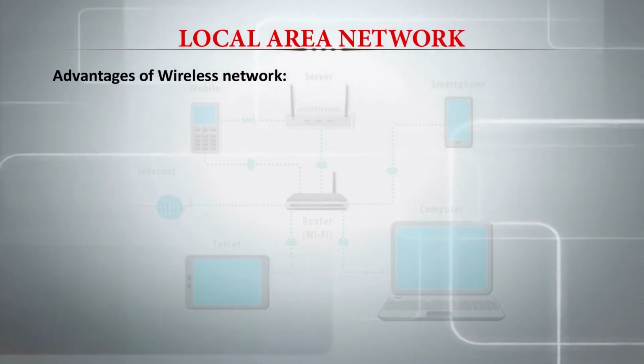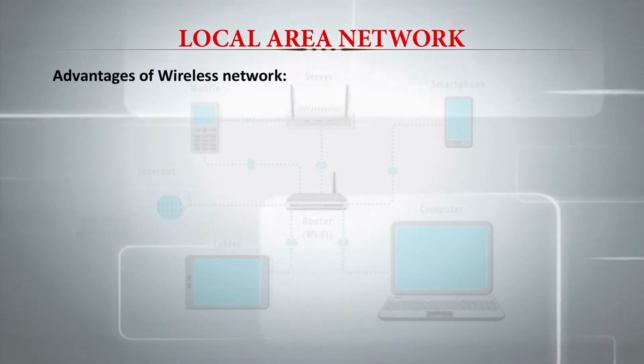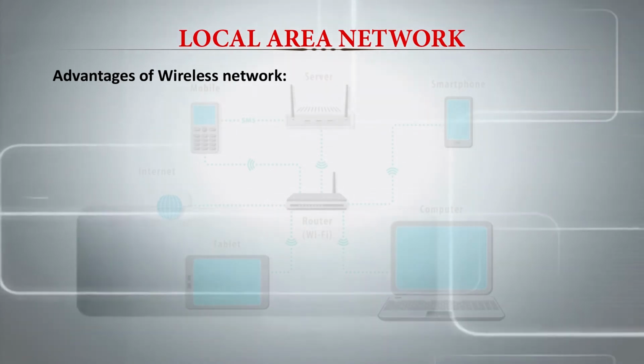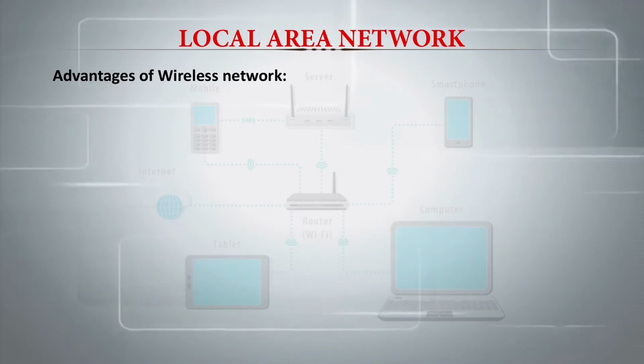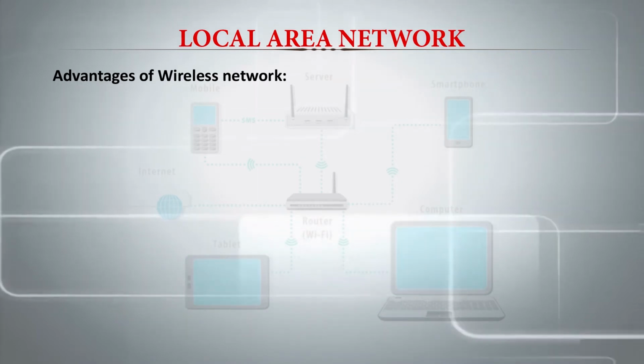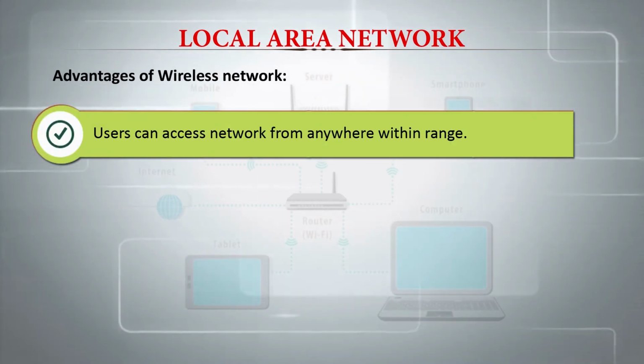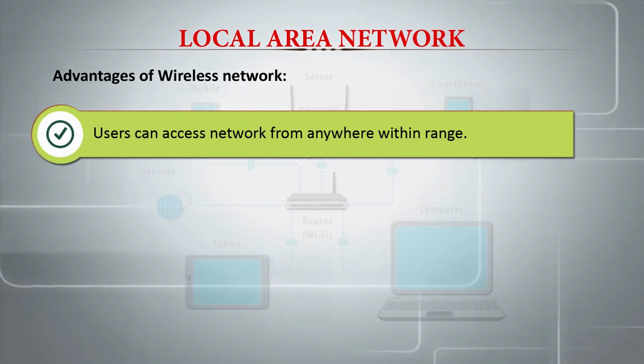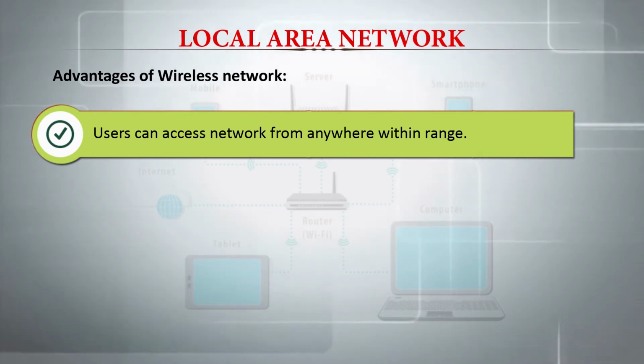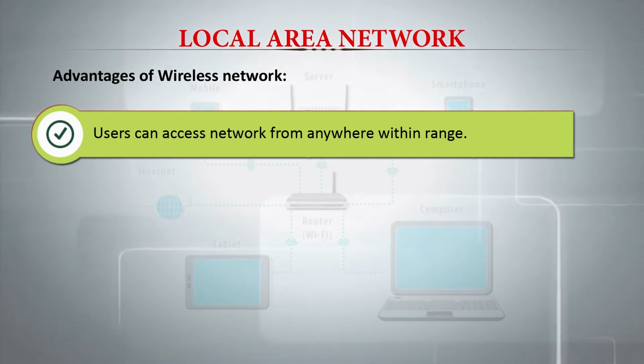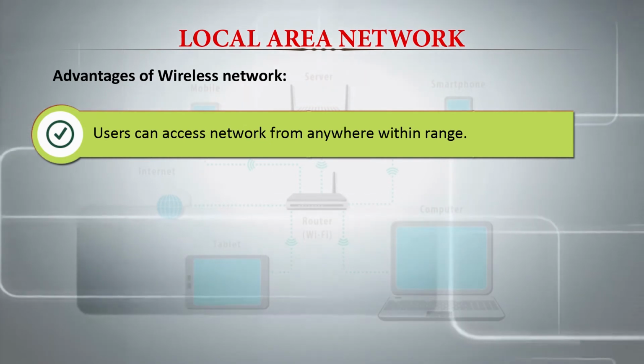Advantage of wireless network: the term wireless network we have used because wireless has come not only to the personal area network but also to the local area network. A user can access the network from anywhere within this range. So the local area network range might be, let's say, a few kilometers or within a building.